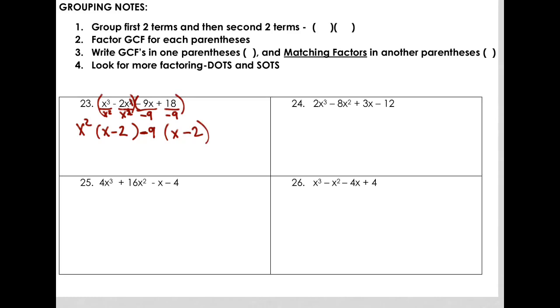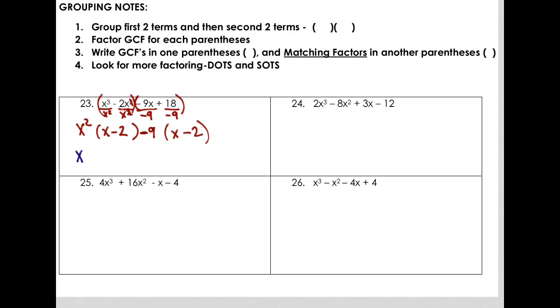So here's the crucial part. You look down here, this set of parentheses does match this. So you know stuff is working out the way that it should work out. Now follow closely. Whatever you have outside the parentheses, again, whatever you have outside the parentheses, you put that in a set of parentheses by itself.